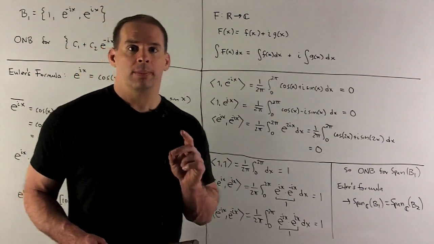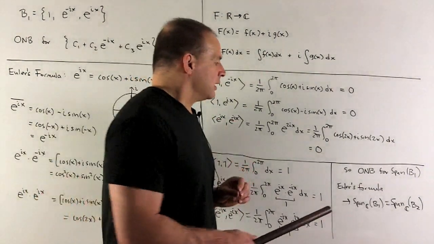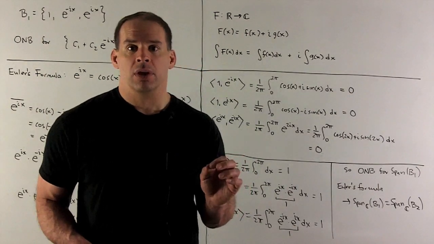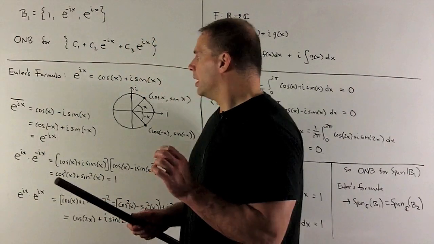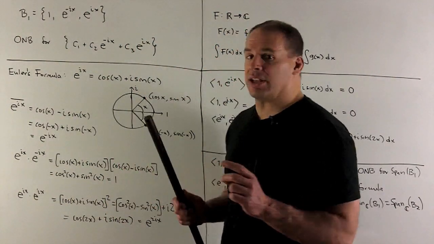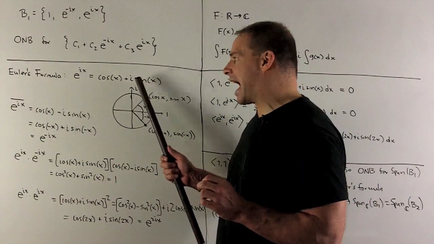One last thing to note, by Euler's formula, we're going to have that the span for B1 is equal to the span of B2. So what does that mean? Well, what we're trying to say here is, if I have e to the ix, I can write that in terms of cosines and sines, as long as I stay over the complex numbers, because I'll need to use that i.